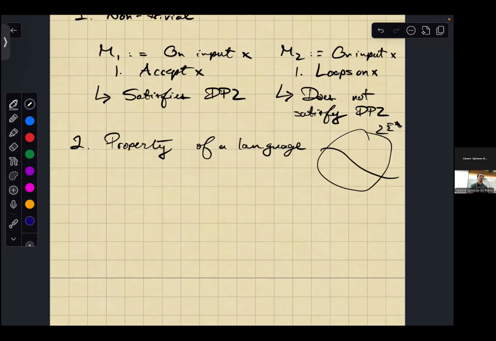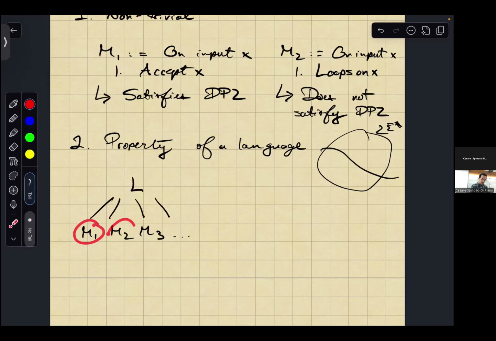So a property of a language, when we're given a decision problem about Turing machines, is one where I might have a bunch of Turing machines, which are all recognizing the same language L, and the property, which seems to be talking about Turing machines, is always being evaluated to true for all of these Turing machines.